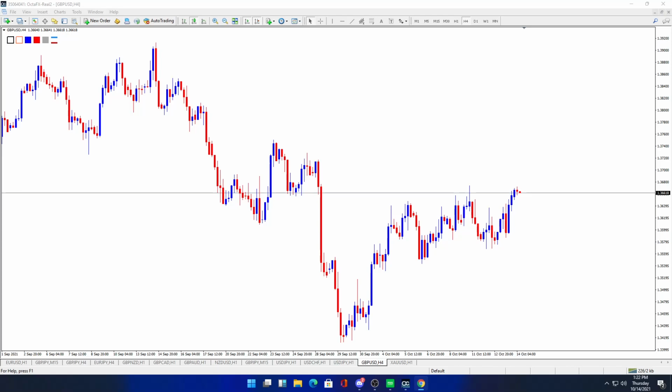We see what the news is today. Based on the news, we can look into opportunities, what pair we can select to trade. Basically this is the trade idea for today. Today is Thursday, 14 October.